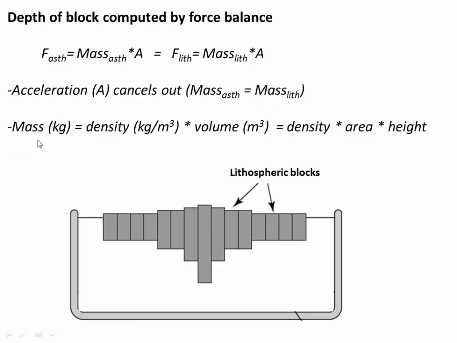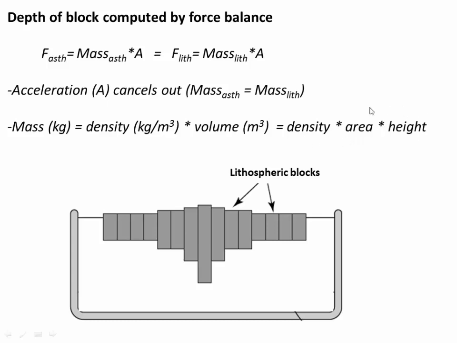Now, in general, we can break out mass and recognize that it's equal to density times volume, okay? And that volume, in turn, is equal to area times height, okay? So mass equals density times area times height.